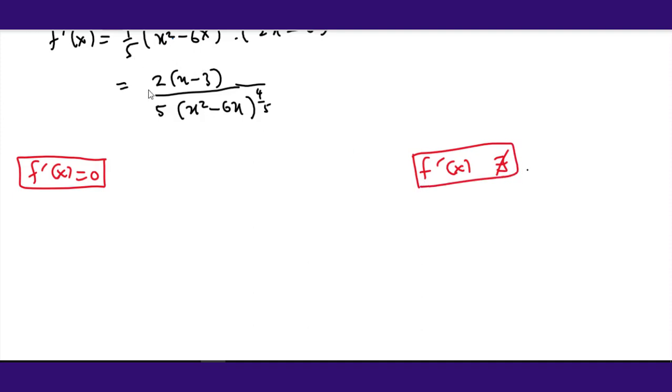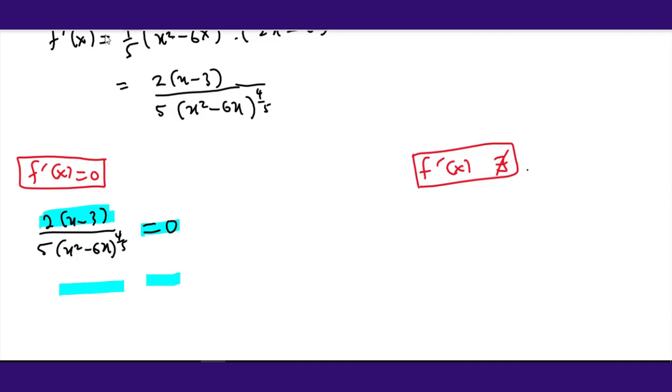Now take this one: 2x minus 6 over 5 times x squared minus 6x to the power of 4 over 5 is equal to 0. Considering the numerator equal to 0, 2x minus 6 is equal to 0. Therefore, x is equal to 3.